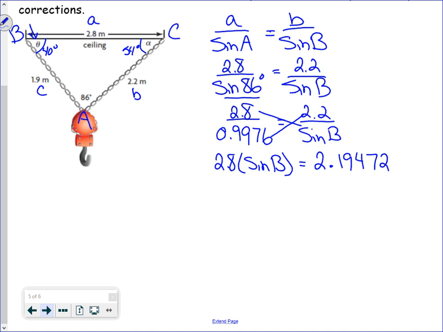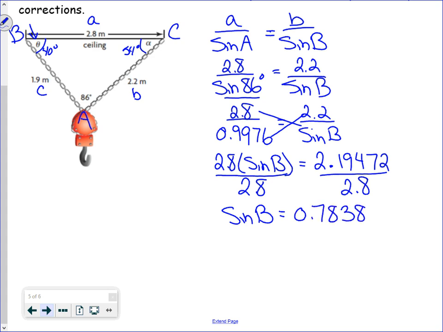Now I'm going to divide out the 2.8 from both sides. And when I do that, we will get 0.7838. And now with sine B, we're actually looking for the angle this time.